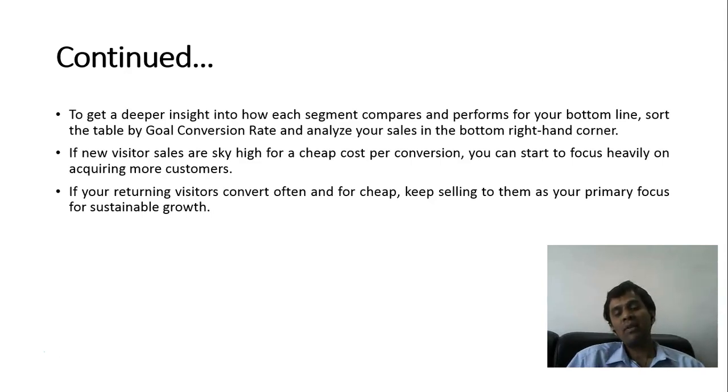If new visitor sales are sky high for a cheap cost per conversion, you can start to focus heavily on acquiring more customers. If your returning visitors convert often and for cheap, keep selling to them as your primary focus for sustainable growth.